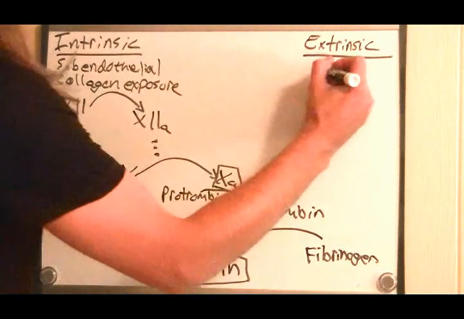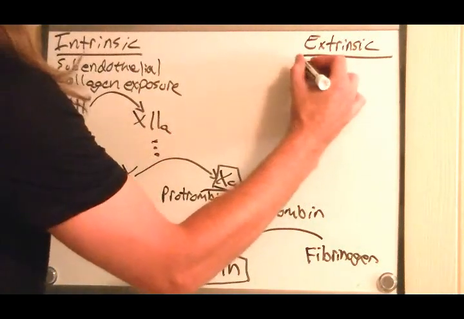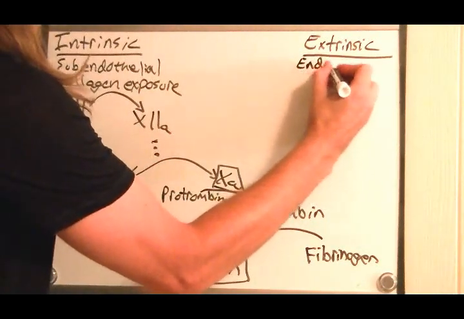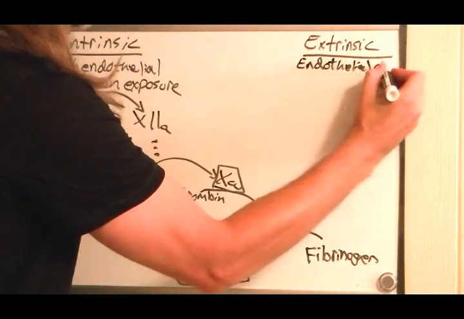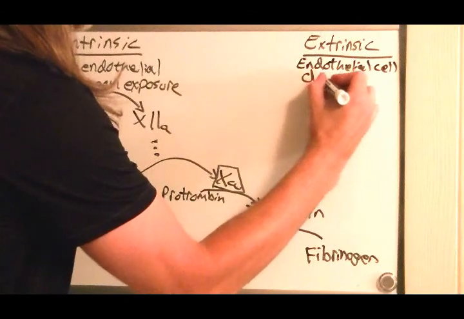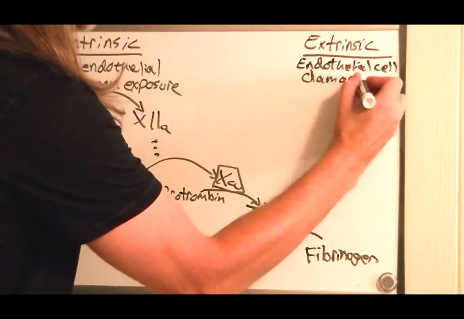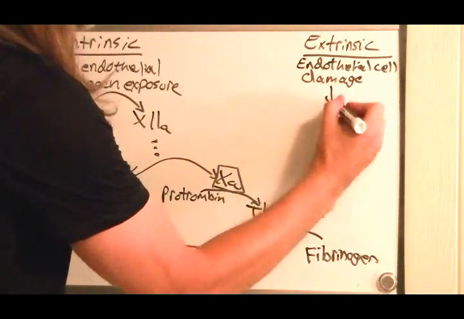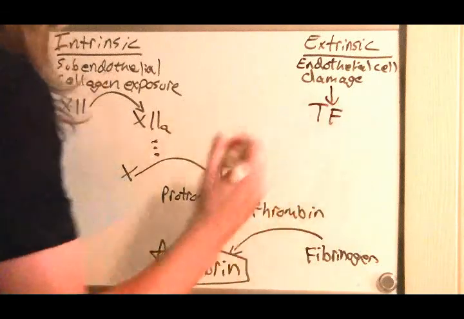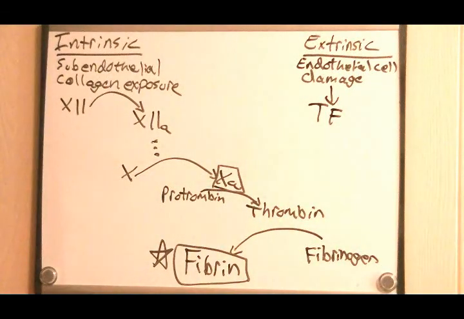So the extrinsic pathway has to deal with endothelial cell damage. Damage, irritation to those endothelial cells. And what damaged endothelial cells will do is they'll release a substance called tissue factor.